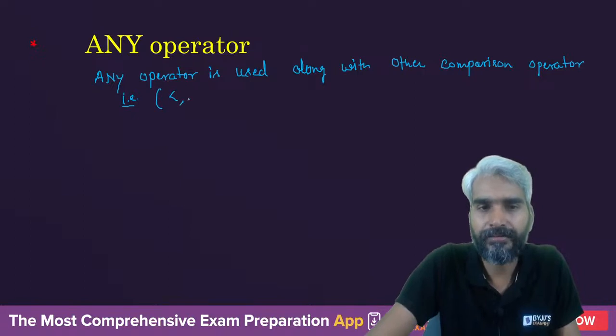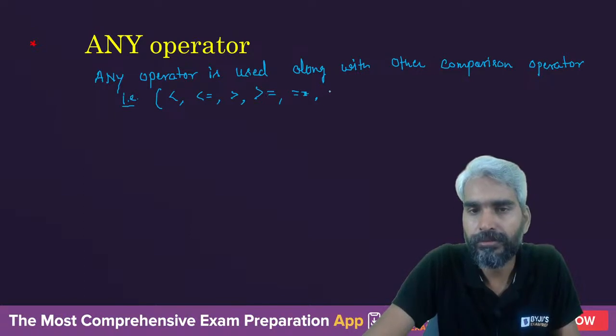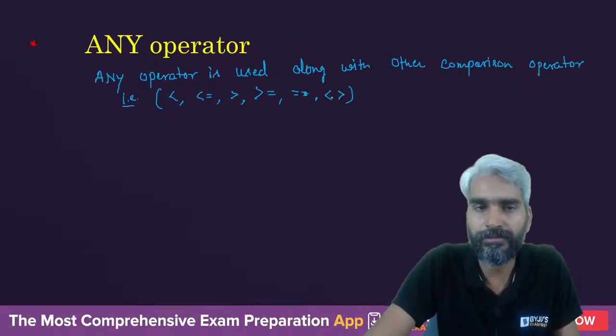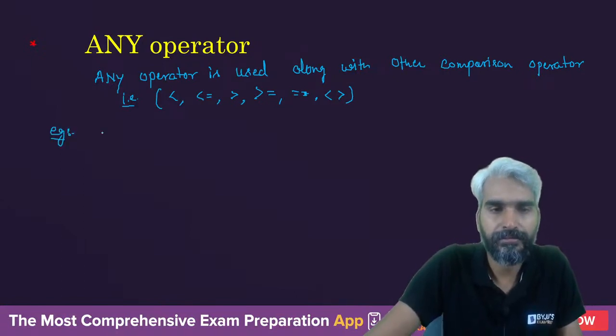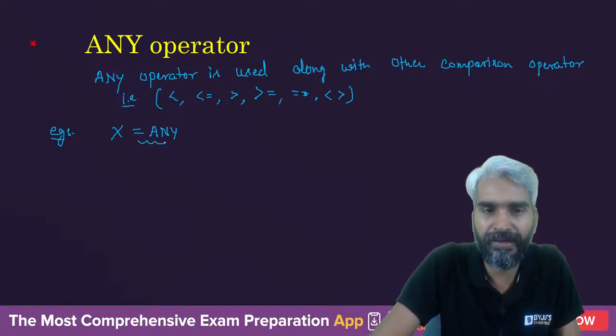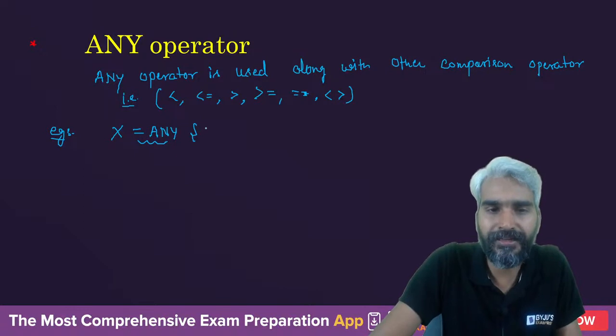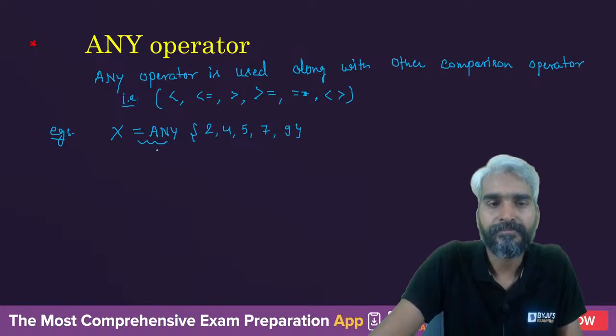So less than equals to, greater than equals to, or simply equals to, and not equals to. So this is not equals to, right? So let's assume if I say example, x equals to any, or yeah, x equals to any. So this is your operator, x equals to any in this set. Let's assume 2, 4, 5, 7, 9.